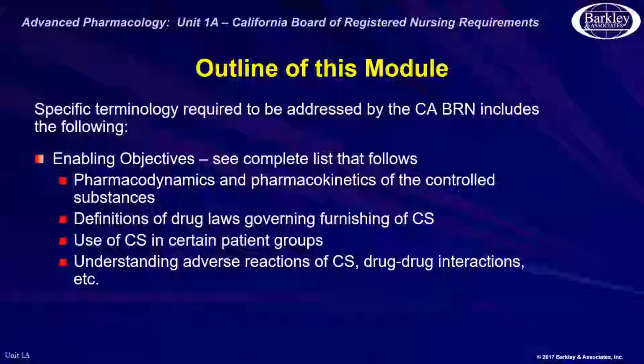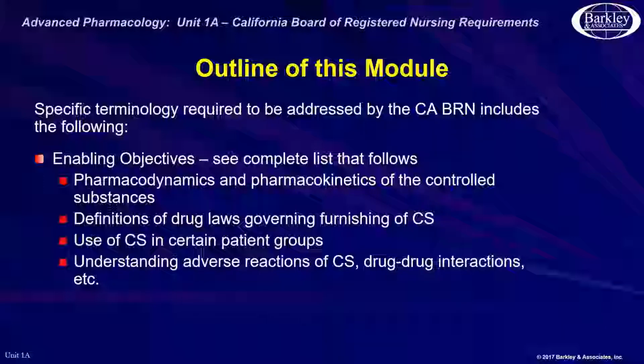As we go through an outline of this module, we'll have to mesh into it certain enabling objectives that are required by the California Board of Nursing. So specific terminology is required to be addressed by the California Board, and that includes these enabling objectives. Those include pharmacodynamics and pharmacokinetics of the controlled substances.